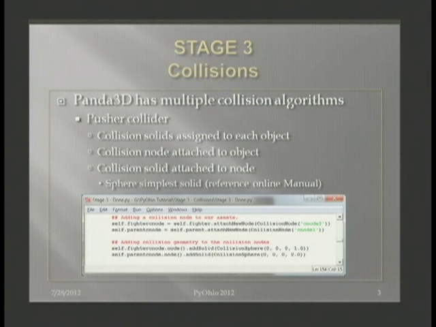So that 0, 0, 0 should be the center of the object, the center of our sphere in this case. And we give it a radius. The fighter, because of its size, we give a radius of 1. To the parent, we give it a radius of 2. So it's a larger collision sphere. It will detect a collision a lot sooner than you might expect. But you can play with these values.